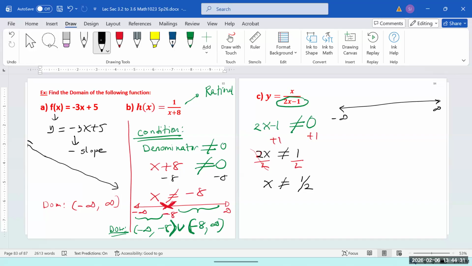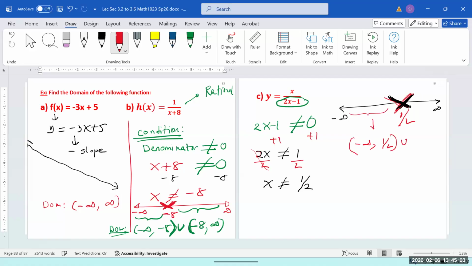But we cannot, let me use red. It's danger. If you go near half, you are in danger. You're going to fall down in the hole. Cannot use 1/2. So interval notation. Go ahead. Negative infinity to 1/2, and the boundary, parentheses. Union.